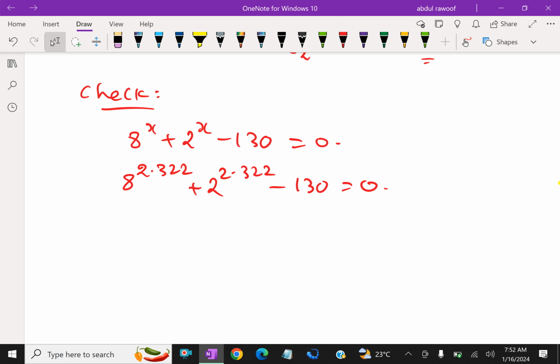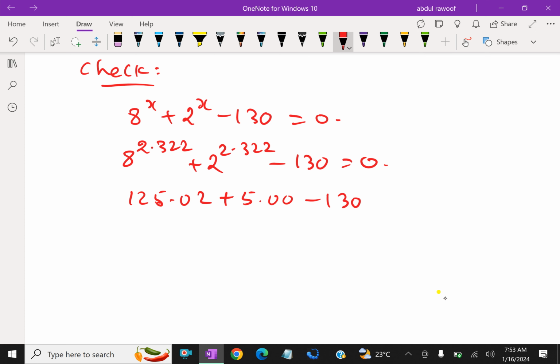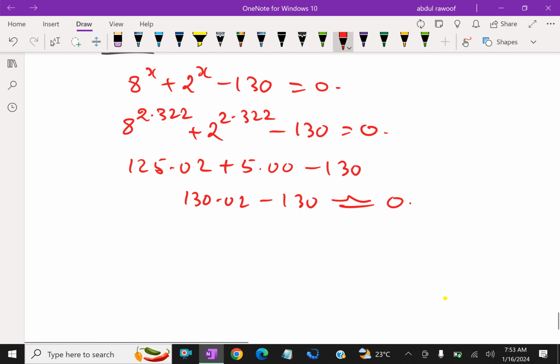Approximately, 8 power 2.322 is equal to 125.02 by using a calculator, and 2 power 2.322 is approximately 5.00. So 130.02 minus 130 is approximately 0.